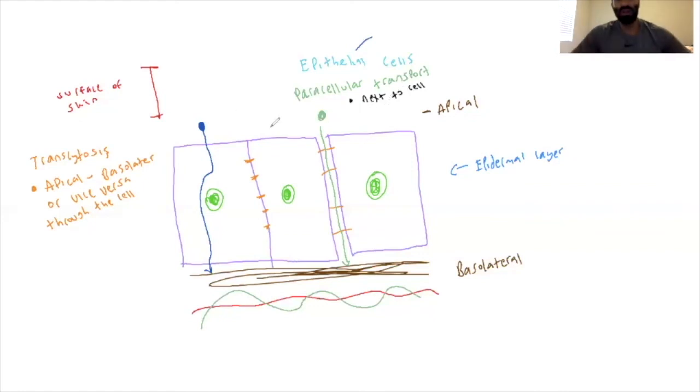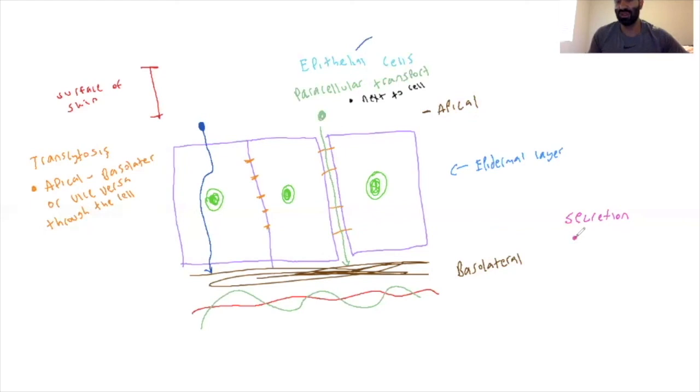All right, now going back to what we were talking about, which is transport, we have two other terms to talk about. One is called secretion. Recall that I said that transport can go either direction through the cell. So this refers to transcytosis.